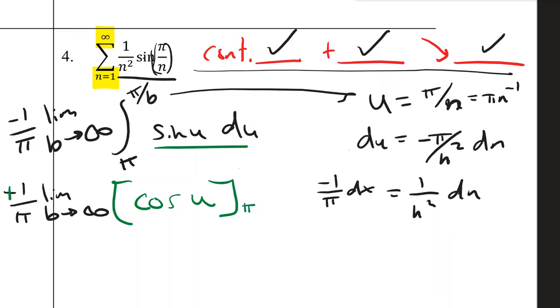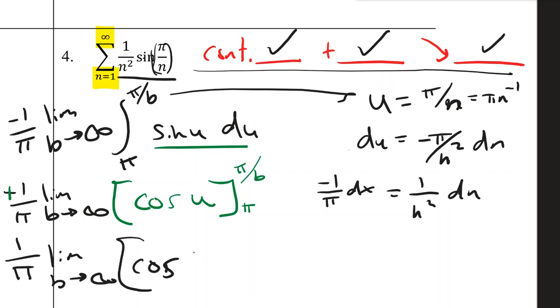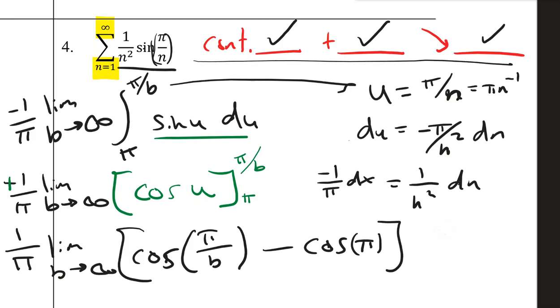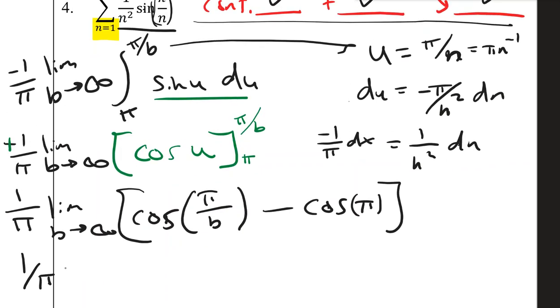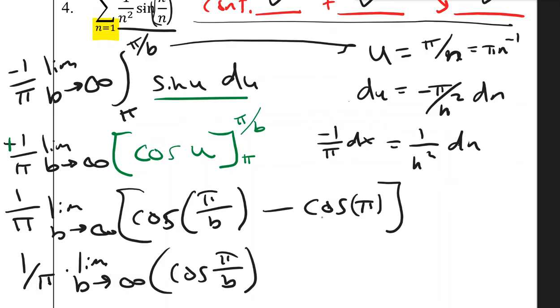And if we evaluate this from pi to pi over b, first time we need to plug in pi over b, subtract. The next time we're going to plug in pi. So I've got a number times a limit thing, and then this is just a number.